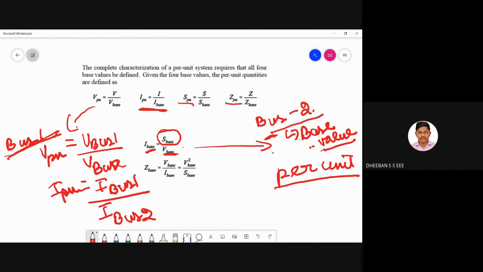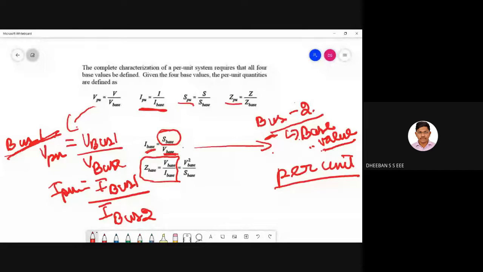Next is about the impedance. Impedance is nothing but the normal Ohm's law, V equal to IR, the same law is used here. If you know the value of V base and I base, you can calculate your Z base.